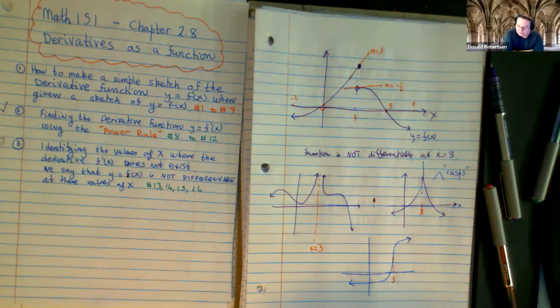What's wrong with this function at 3? Why can't you differentiate this guy at 3? There is no corner, right? It's a smooth curve, yet you cannot differentiate it at 3. What's the problem?